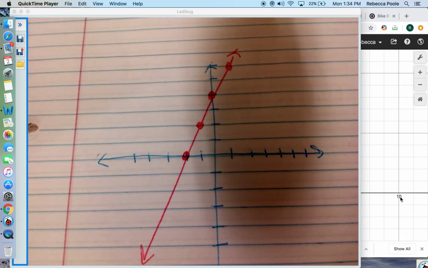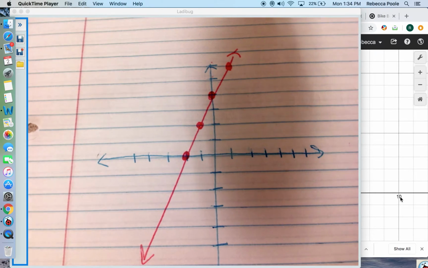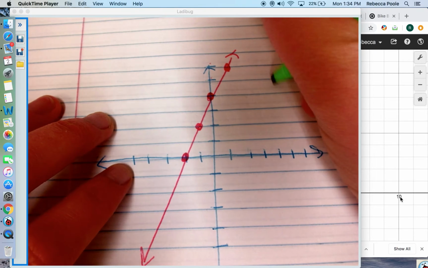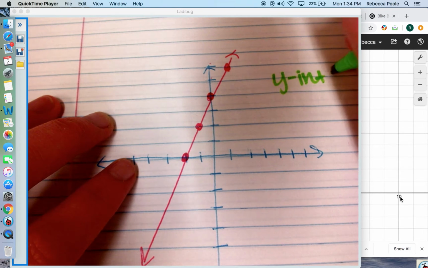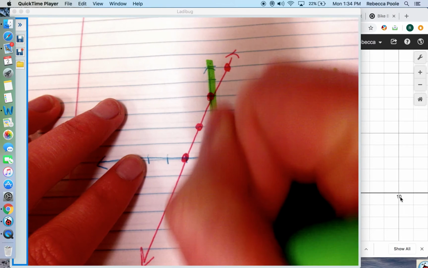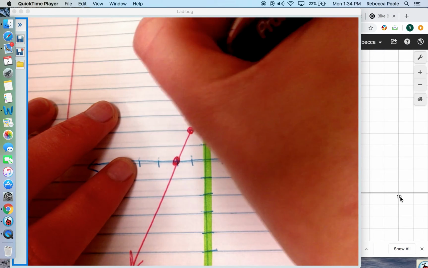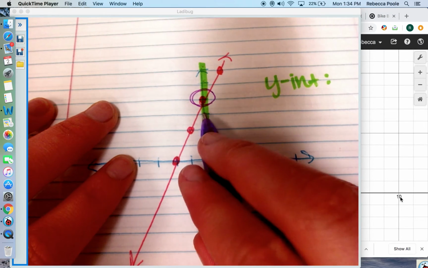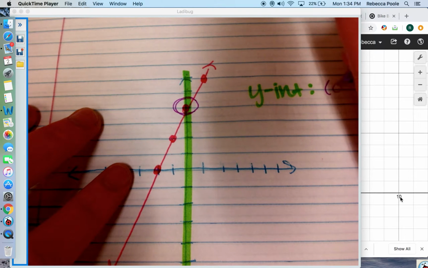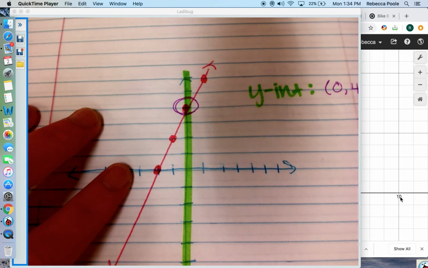All right, so if we look at this graph, we're trying to find the x and the y intercepts. Remember, your y-intercept is where it crosses the y-axis. So look at our red line. It crosses the y-axis right here at this point, which is 1, 2, 3, 4. And remember, it's a y-intercept, so 0 is the x, 4 is the y.